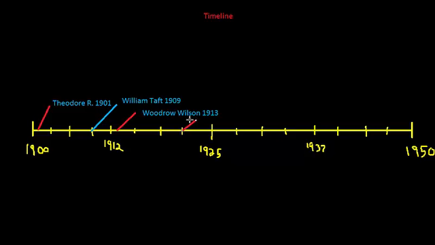You need to usually give yourself some extra space in order to get all the people in there that you want to get in there. Warren Harding, 1923. Alright. So on and so forth.